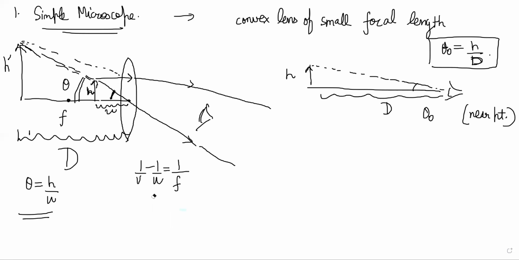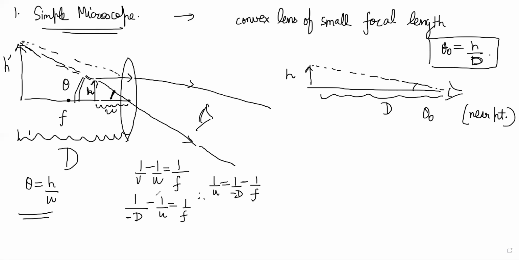We know the value of d, so v is minus d. Minus 1 by u is equal to 1 by f. Therefore, 1 by u is equal to 1 by minus d minus 1 by f, right?